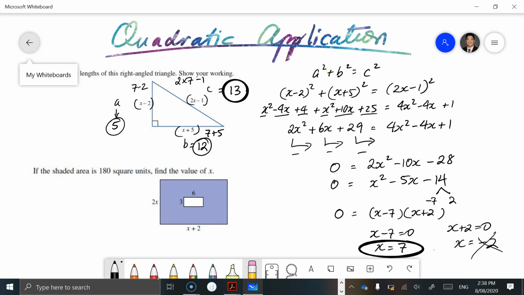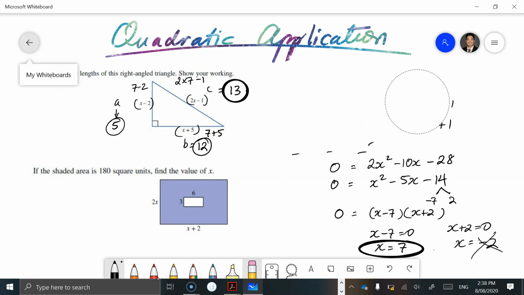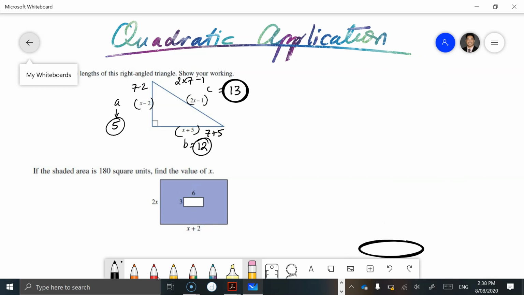Okay. I'm going to move on to another diagram, which we have this rectangle. And so I'll just clear some space here. And we want the shaded area.